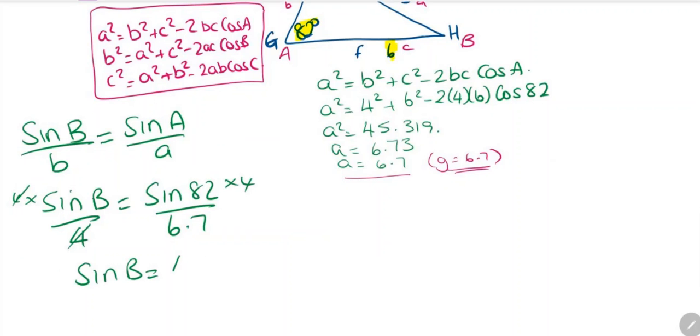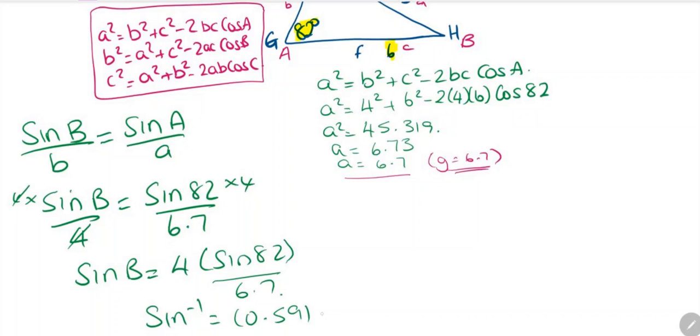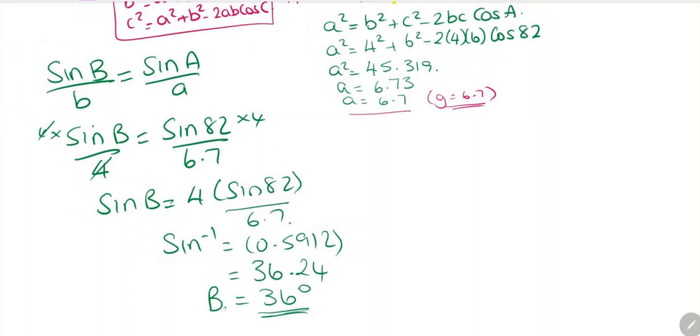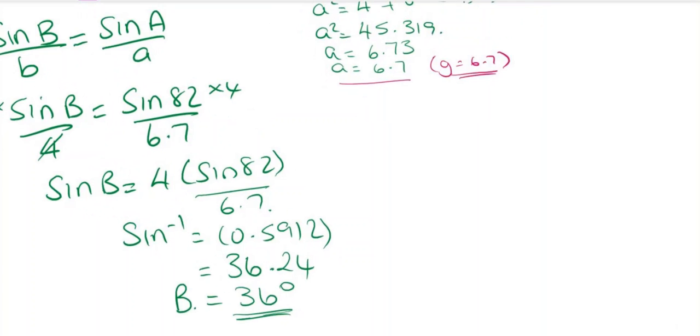Sine B is 4 times sine 82 divided by 6.7. Putting that in my calculator, we have 0.5912, and if I do the inverse sine, I will have an angle of 36.24. So angle B is 36 degrees.